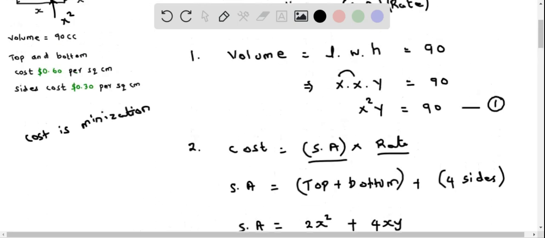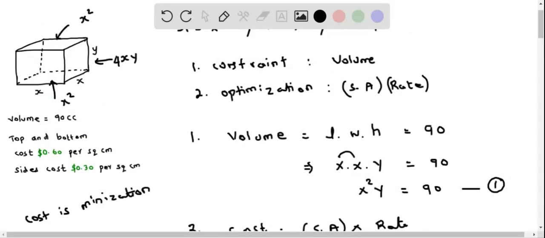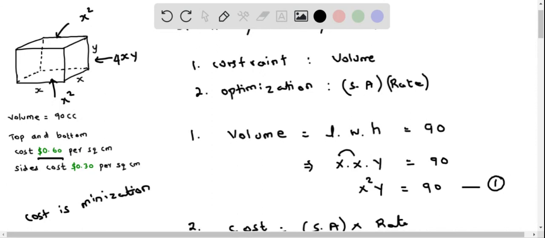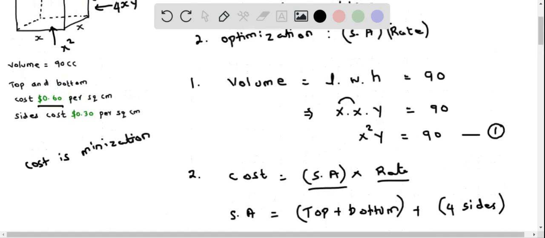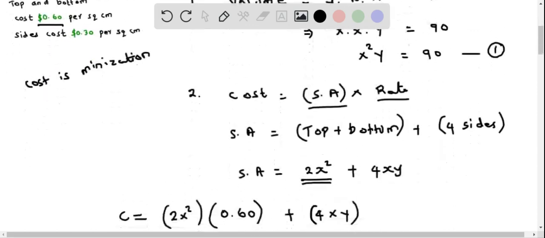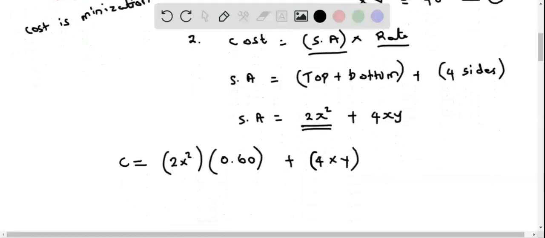For top and bottom, we have to consider $0.60 per square centimeter. So I write down the rate as 0.60. This has to be multiplied with the surface area of the top and bottom, plus we put the area of all the four sides, which is 4xy, times its rate, that is the rate of each of the sides cost $0.30 per square centimeter. So we multiply this quantity by 0.30.